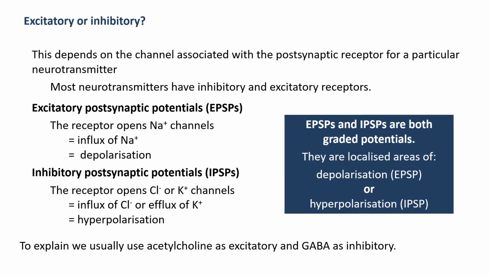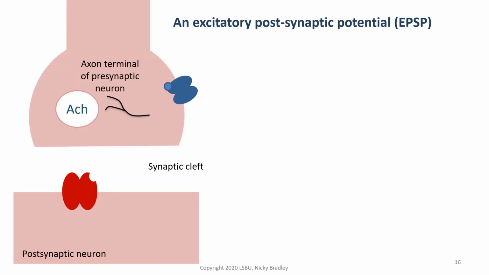So, EPSPs and IPSPs are both graded potentials. They are both local areas of either depolarization, in the case of an EPSP, or hyperpolarization in the case of an IPSP. Let's have a look at one in action.